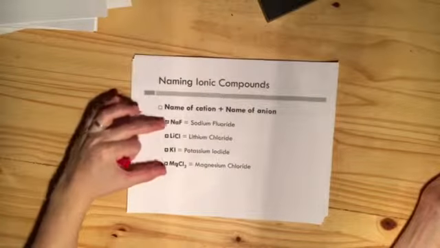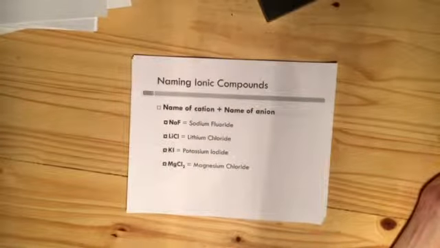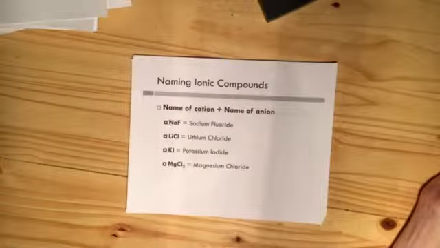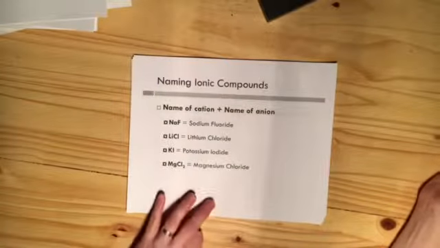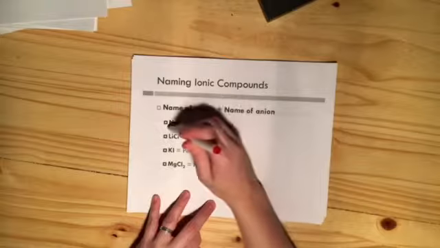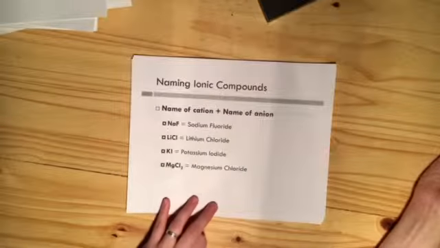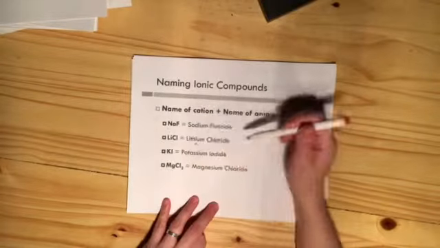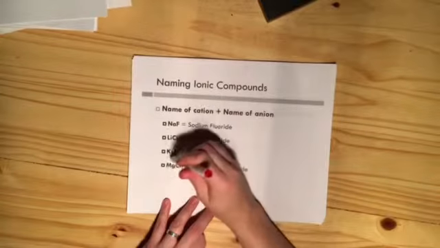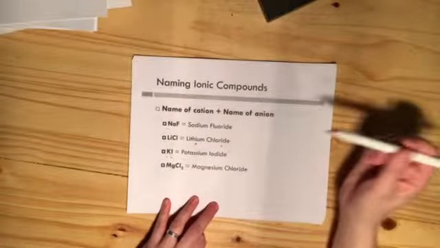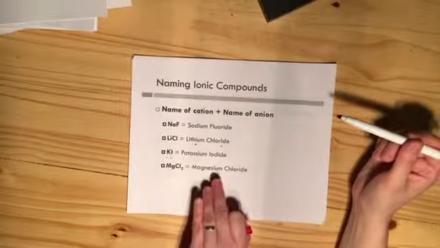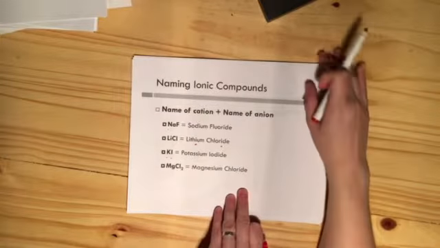These are the simple ones with group 1, 2, or 3 metals, type 1 cations. NaF, sodium fluoride, LiCl, lithium chloride, KI, potassium iodide, MgCl2, magnesium chloride.